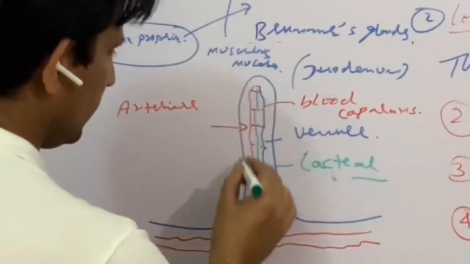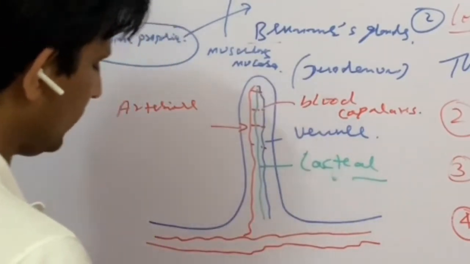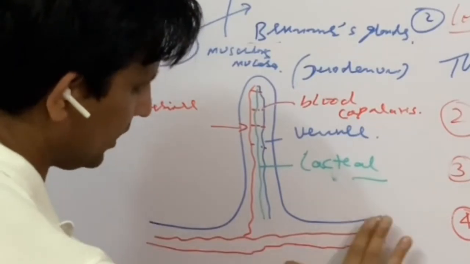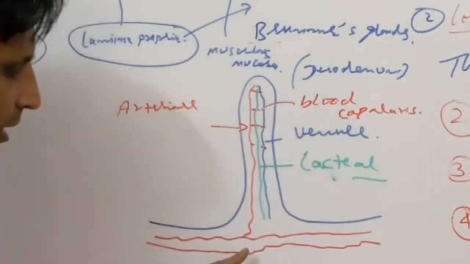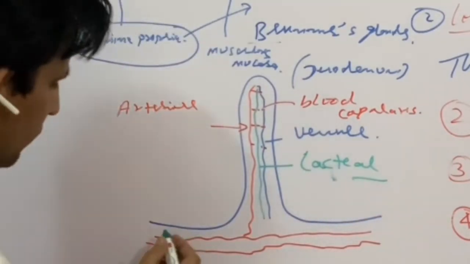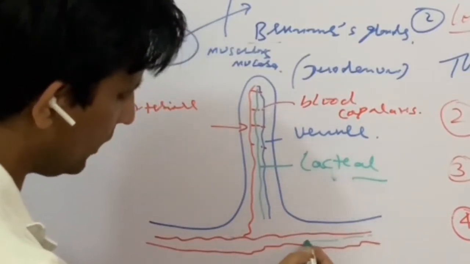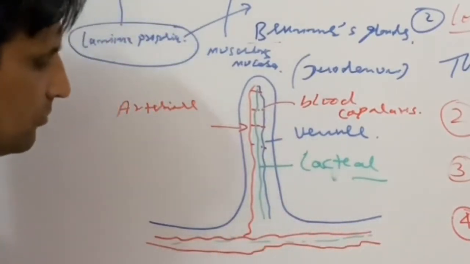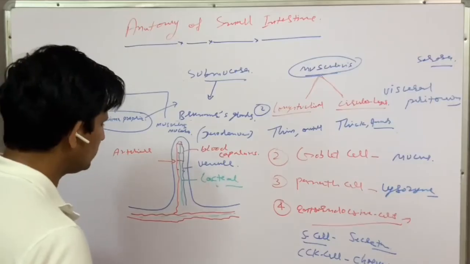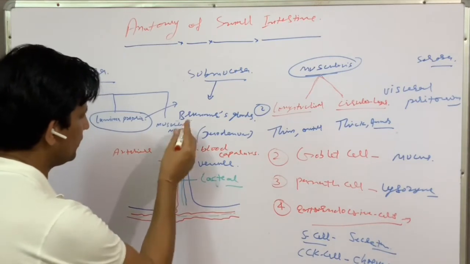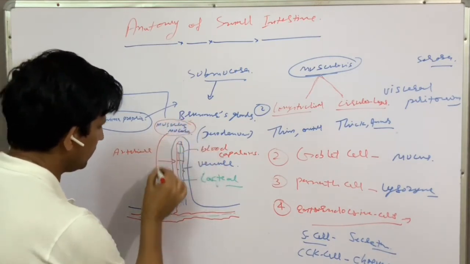The muscle layer which is below this contains the main artery, small branches of artery and small branches of lymph. This is related to the muscularis mucosa, right?